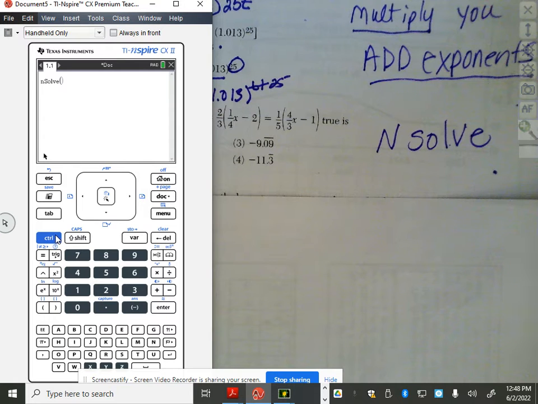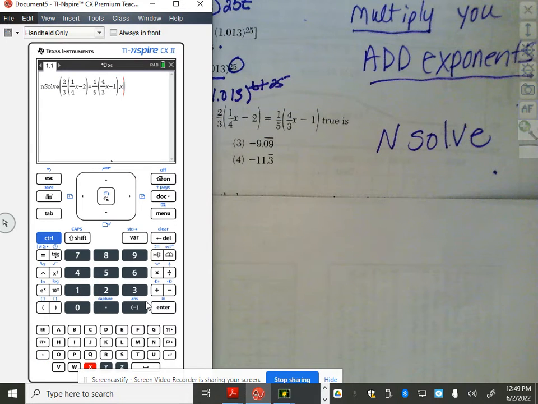Then we're going to type in our equation, control divide for our fraction, and we have 2 over 3, and then in parentheses, control divide, 1 over 4 x minus 2, and then it equals control divide 1 over 5, and then in parentheses, control divide, we have 4 over 3 x minus 1, and then we do comma x.